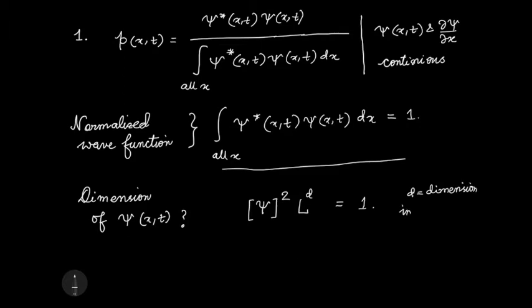In our case, it will always be 1. So if d equals 1, which is the case we will always deal with, then the dimensionality of psi comes out to be L to the minus half. So 1 L to the minus half here, 1 L to the minus half here, 1 by L times L gives you dimensionless 1.